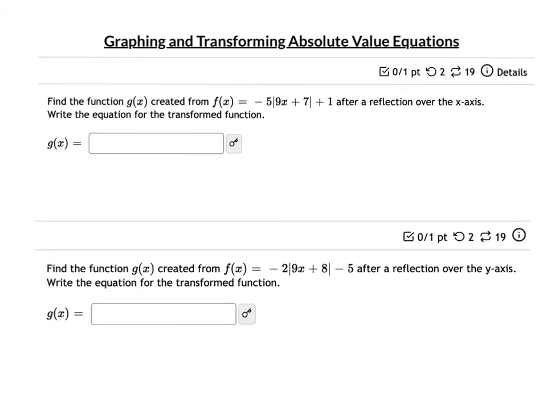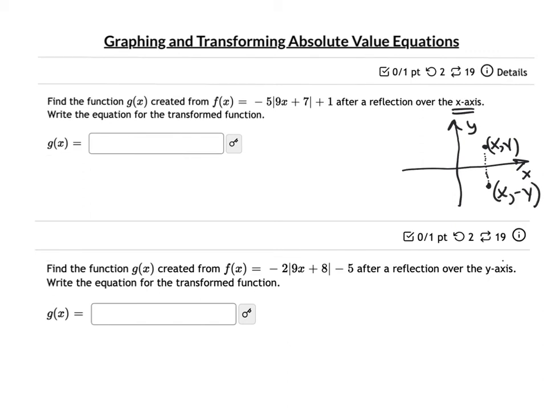For this top question, we're going to reflect over the x-axis. So I always have to think about what happens to the points. Here's my coordinate grid. There's my x and y. Here's a point, x comma y. If I reflect over the x-axis, I go the same distance on the other side. X stays the same, note, and y becomes negative y.